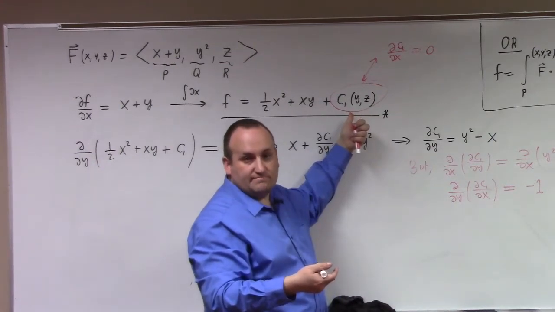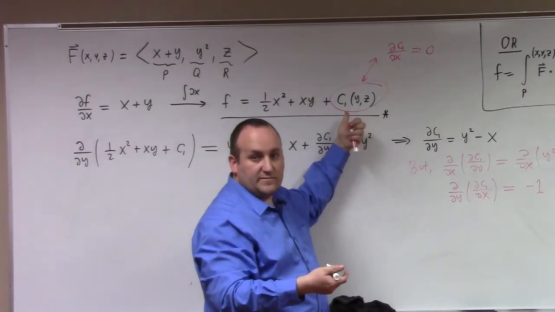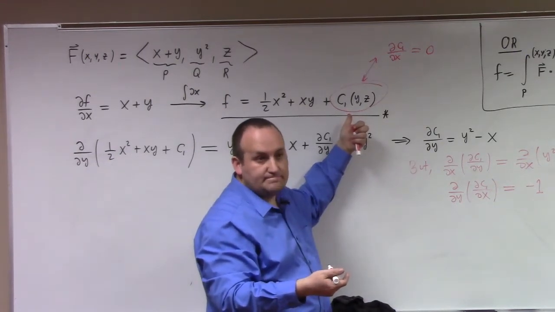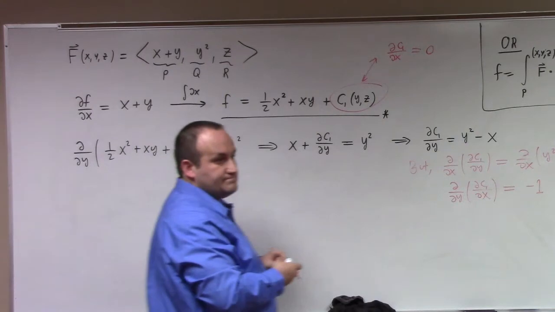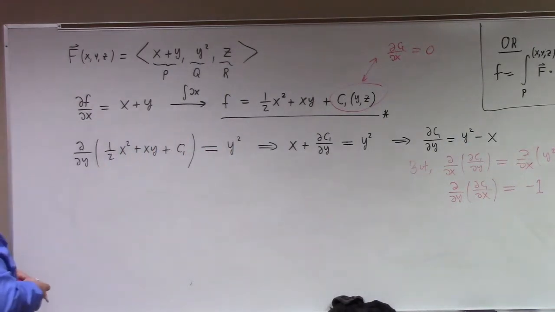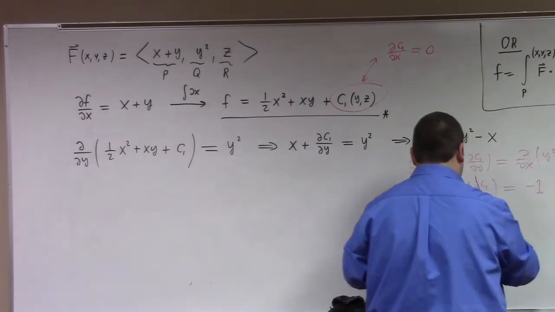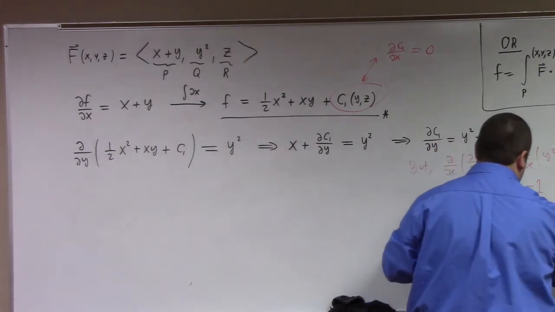So what does this mean? This means the algorithm fails. Therefore, this vector field is not conservative. Right? So this is a contradiction. This is 0. So we get 0 is equal to minus 1, which is, of course, a contradiction.